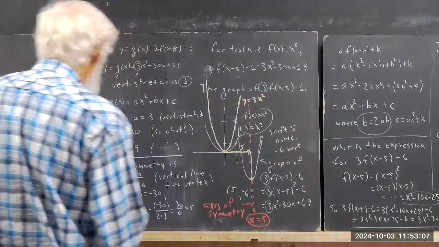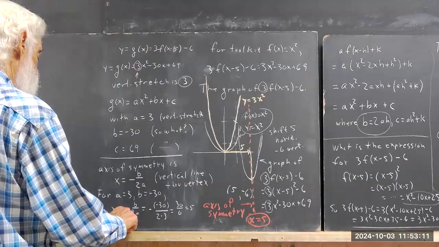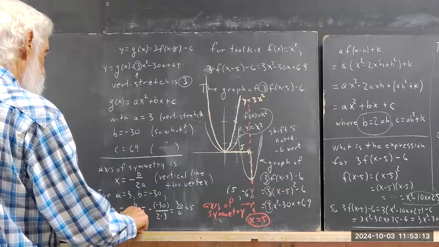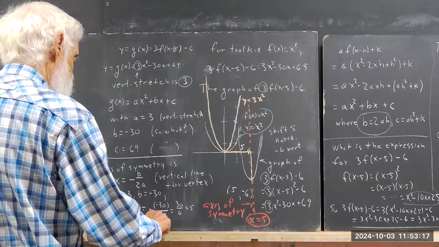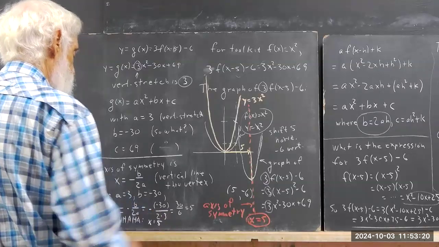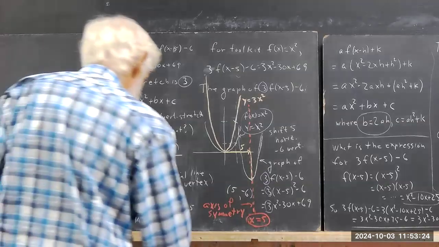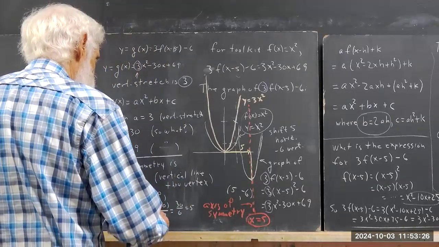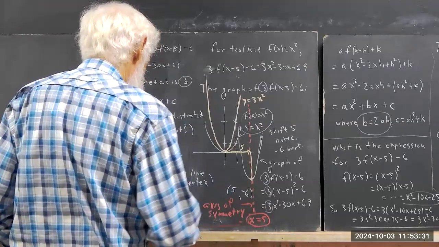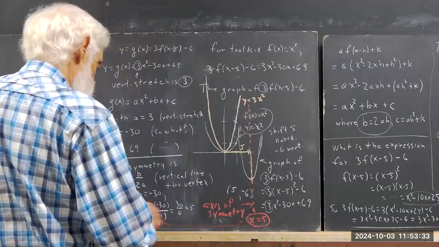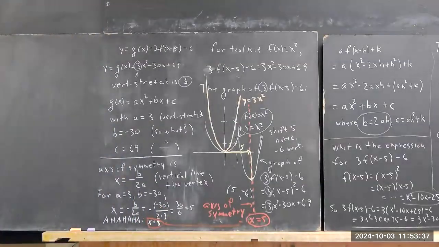And now we say, aha, x equals 5, which happens to agree, as it had better, with what we did over here. So I saw something like 5. Makes sense?